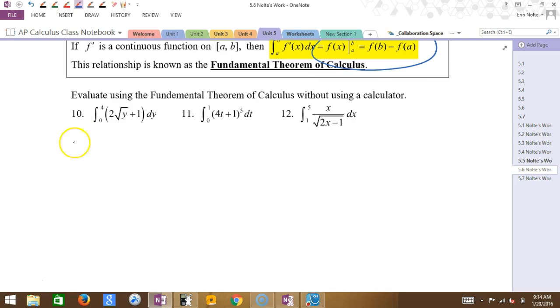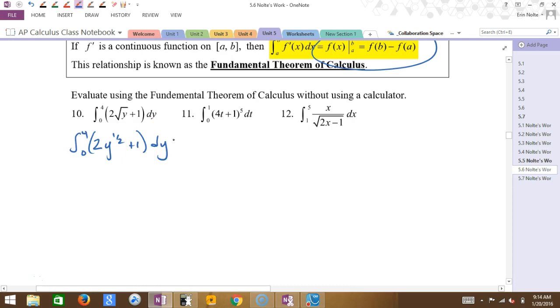I'm not surprised. Okay, so first question, number 10. The first thing I want to do is rewrite this. I don't like the way it has a square root. Okay, so I'm going to have 2y to the 1/2 plus 1. Okay, so the next thing I'm going to do is I'm going to integrate my function.